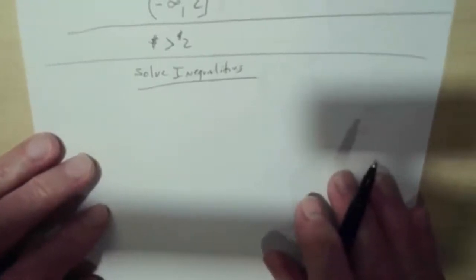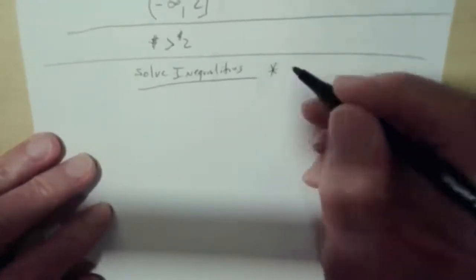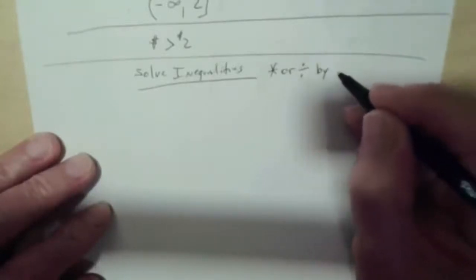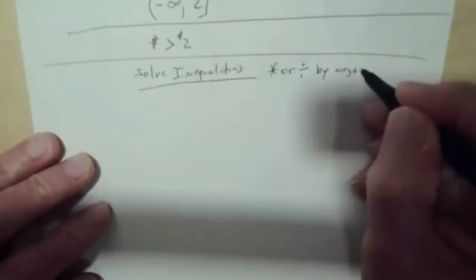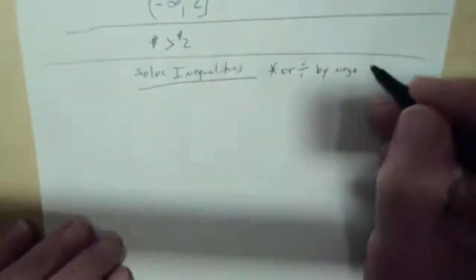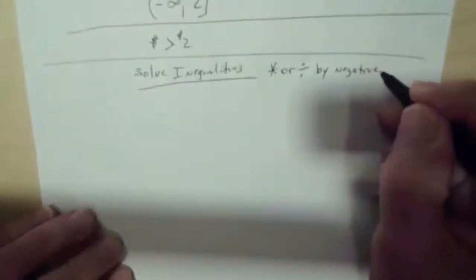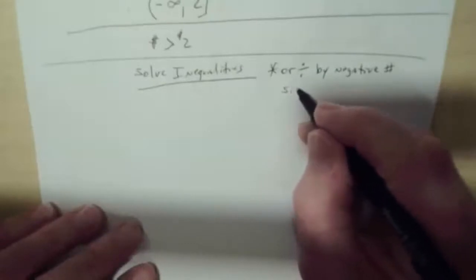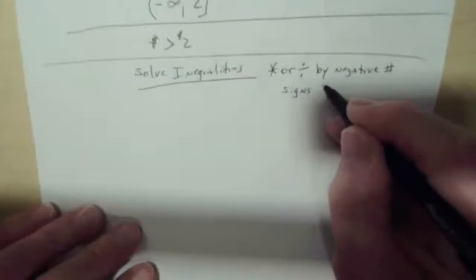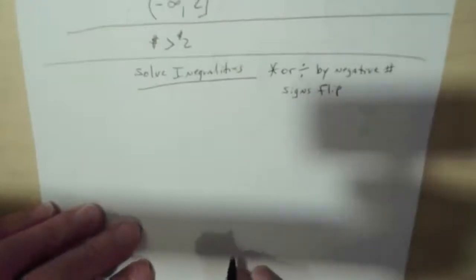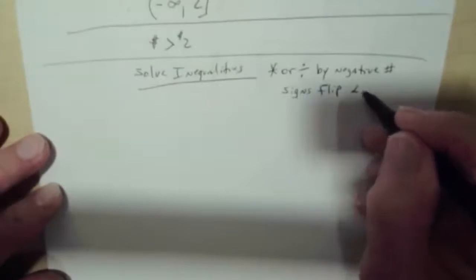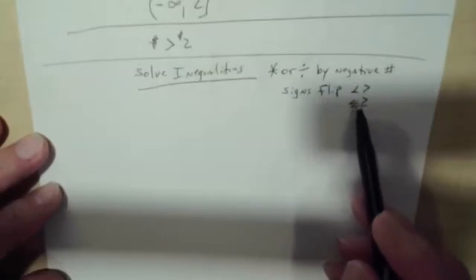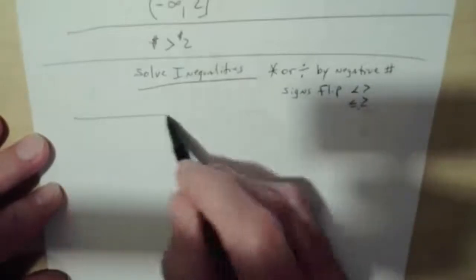If you multiply or divide by a negative number, the signs flip. By the signs, I mean less than, greater than, less than or equal to, greater than or equal to. If you multiply or divide by a negative number, the signs flip. So if you have this, and again, you solve these just like equations.